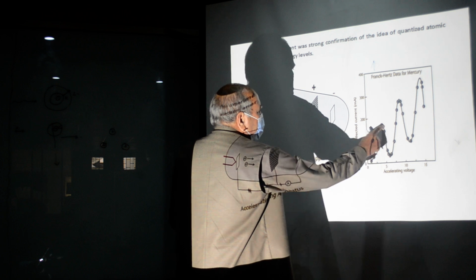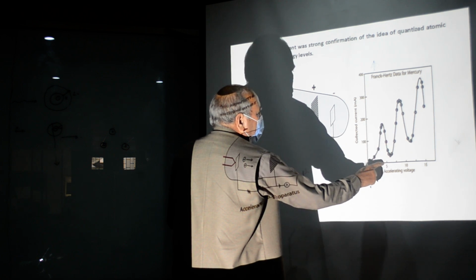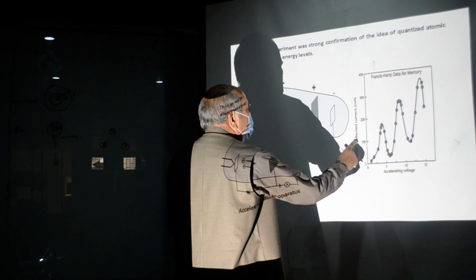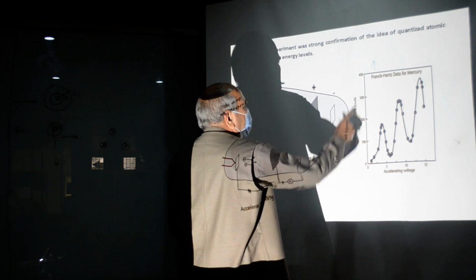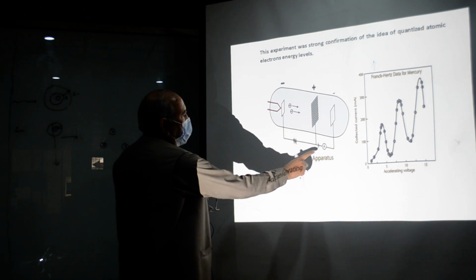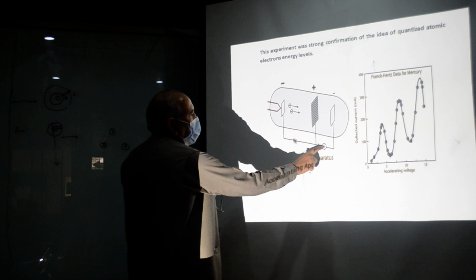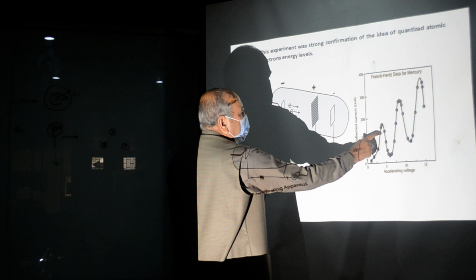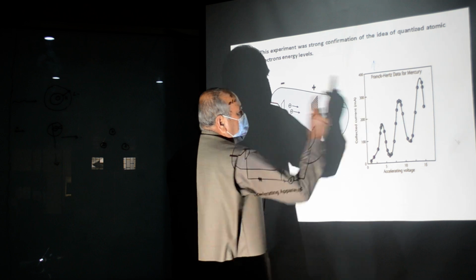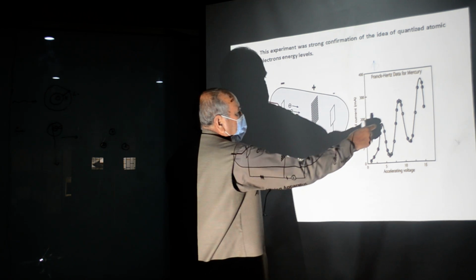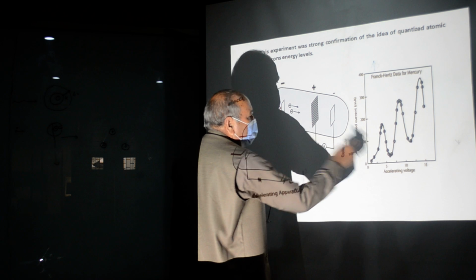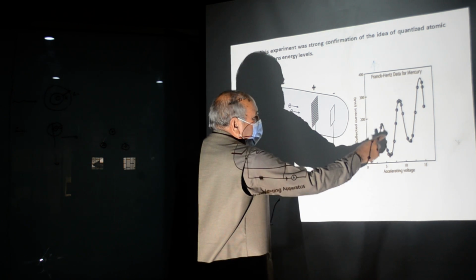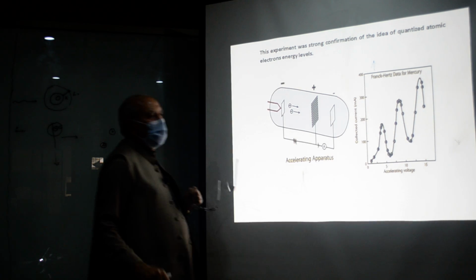When it reaches a particular value, then suddenly, and this is the collection of electrons or current. Current is measured by this ammeter. Now, initially, the current increases. When it reaches a particular value, it will suddenly reduce. Current will start reducing to a minimum value.